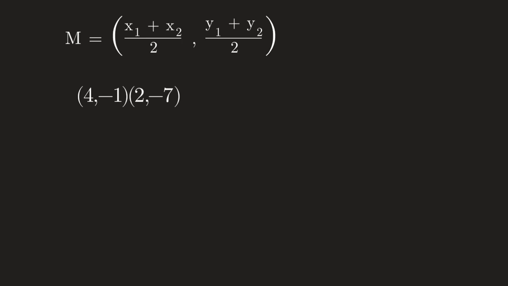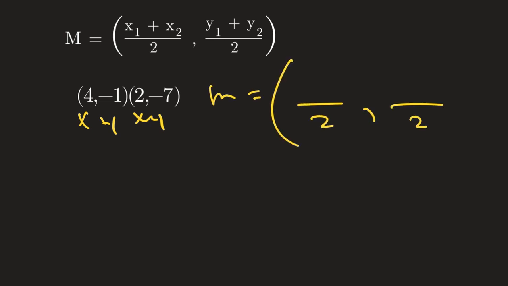There you go. There's your ordered pairs. 4, negative 1, 2, negative 7. We've got an x value and a y value in each. Start setting this thing up here. Easy peasy. What's our x values? 4 and 2.